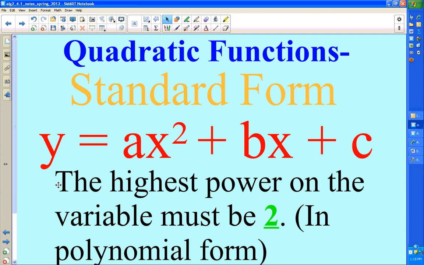Maybe, but all types of functions you may want to factor. What is the difference between quadratic, cubic, quartic, quintic? What is quadratic telling you? This is a quadratic function in standard form. What is a quadratic function telling you?